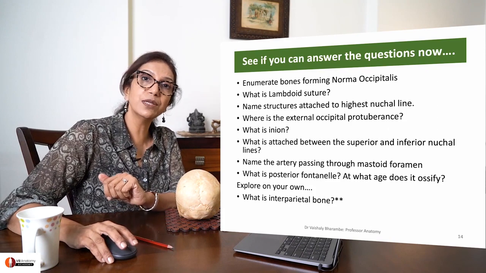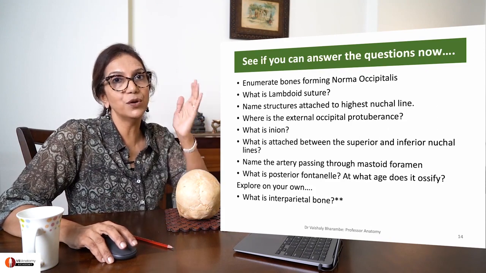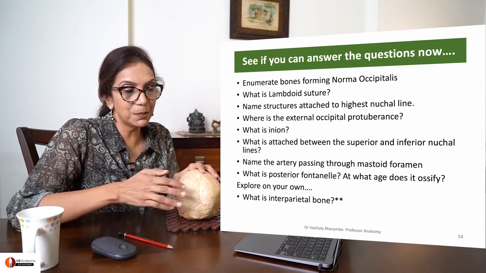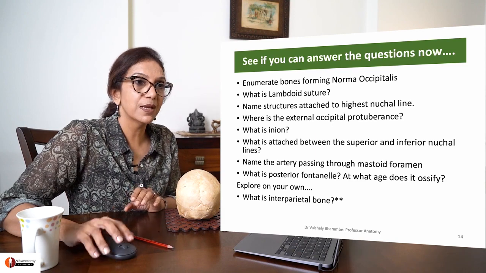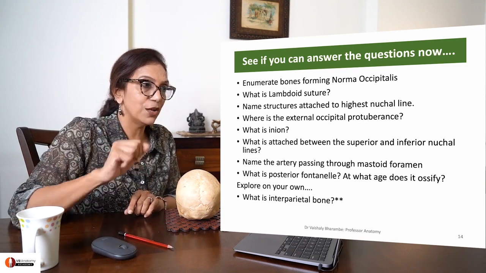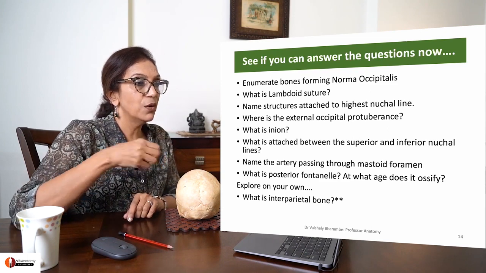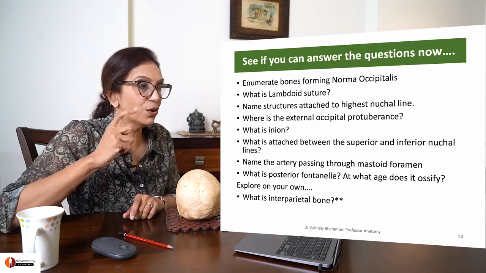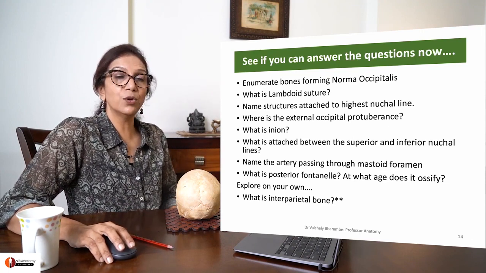What is external occipital protuberance, students? The most protuberating part of your skull at the back is the external occipital protuberance, and the tip of it is called inion. What is attached between superior and inferior nuchal line? What is the artery passing through mastoid foramen? What is posterior fontanelle? At what age does it ossify?